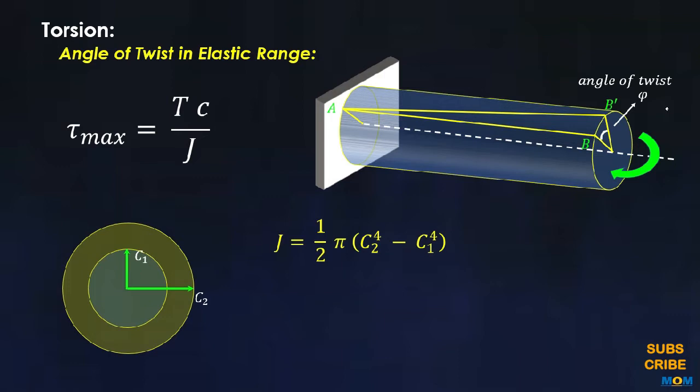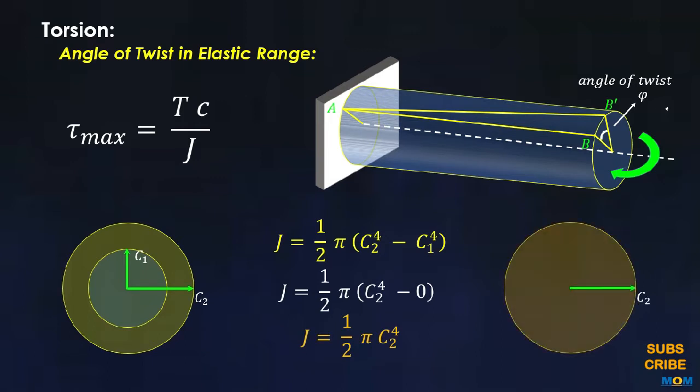Now for a solid shaft, meaning the inner radius is 0, the expression would be modified as J is equal to half pi C2 raised to the power 4.